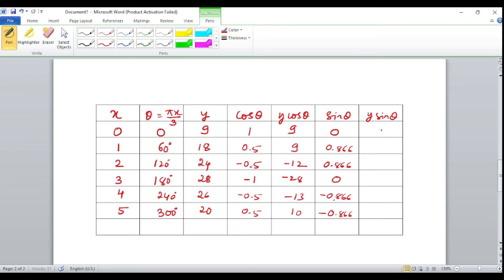Now you can multiply y into sin theta, which is 0 for the first. Then 18 into 0.866 is 15.58.